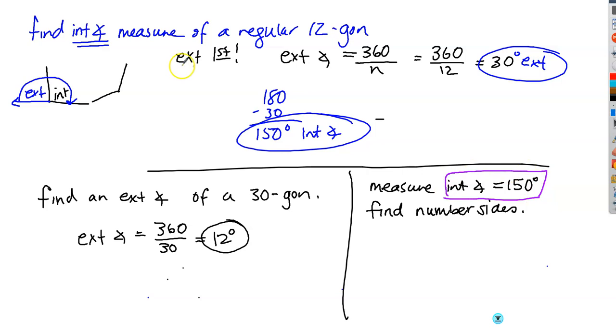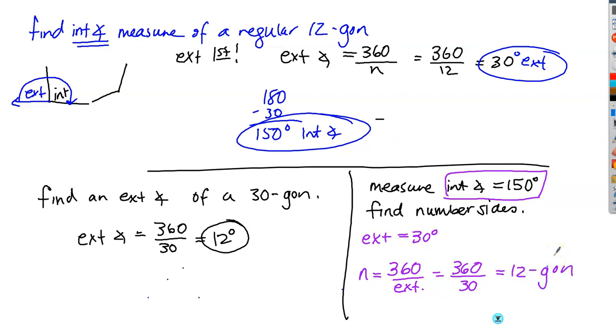The first thing I would do, go to that exterior angle. So if the interior is 150, that means the exterior has to be 30, because remember they add up to 180. And then remember, your formula for number of sides is always 360 divided by the exterior. So if you're trying to find number of sides, it's 360 over exterior. So then I'd have 360. I now know my exterior is 30, so I get 12. So that would be a 12-gon. So it's actually the one that we did up here.